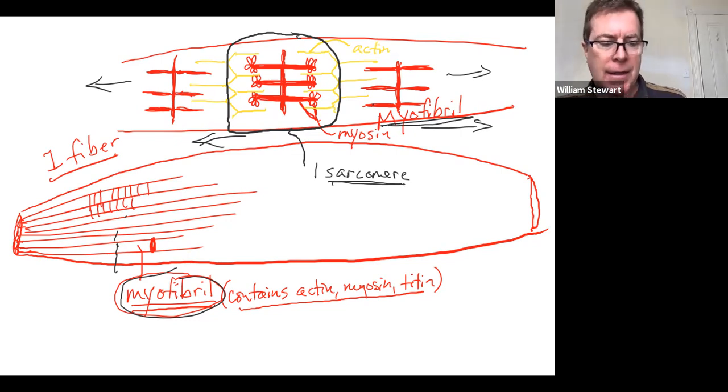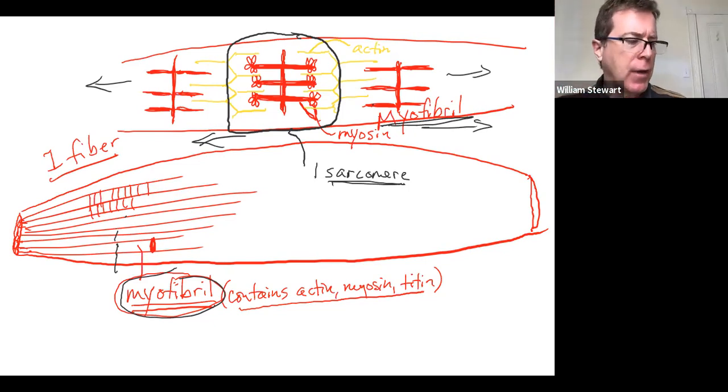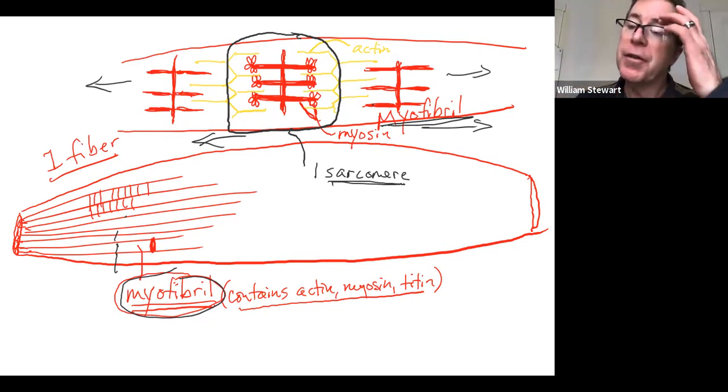Okay. Now the bulk of understanding, I'm almost finished with today's lecture, but I want to leave you with the beginning of how a muscle cell contracts. And it's called the sliding filament model of contraction.